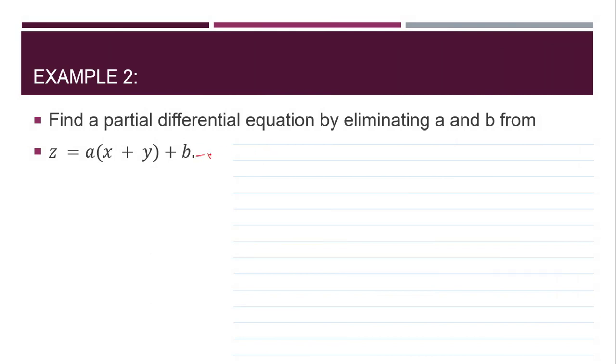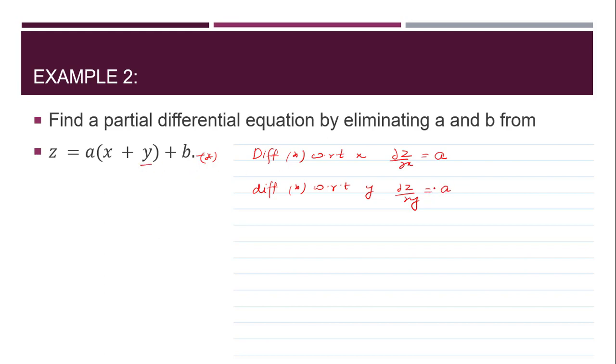So I can say, differentiating asterisk with respect to x, I will get del z by del x is equal to a, and x will give me 1. And if I differentiate asterisk with respect to y, I will get del z by del y is equal to, now again y will give me 1, and it gives me a.